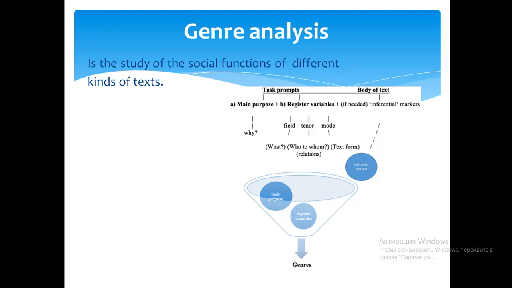To understand why such textual conventions are associated with this type of text, however, we need to understand something about the people who produce and consume it and what they are doing with it. The study of the social functions of different kinds of texts is called genre analysis.